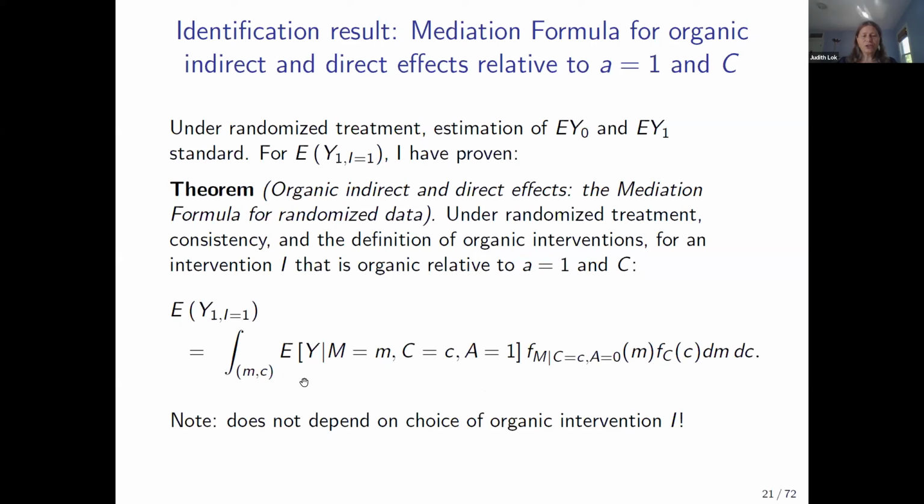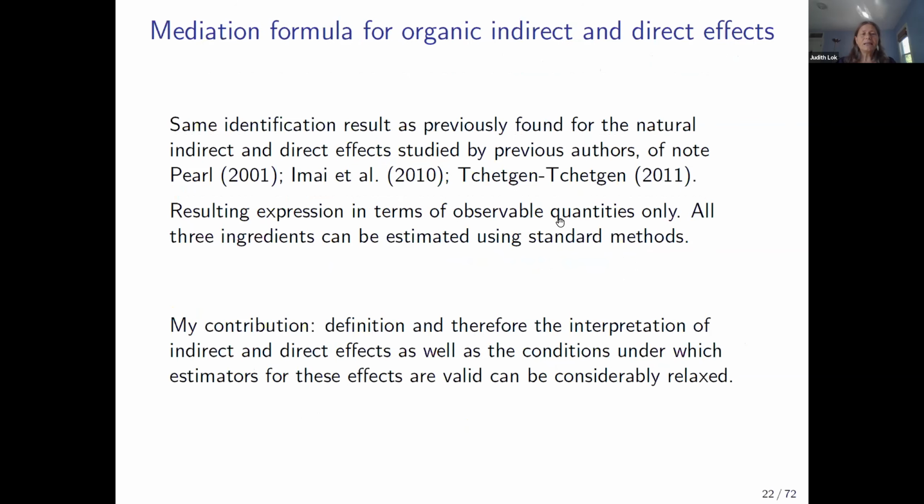One thing to notice is that this turns out not to depend on which choice of organic intervention I was chosen. So that means that whatever organic intervention I is chosen, the indirect effect doesn't depend on I. It may still depend on C, and I will come back to that. This is the same mediation formula as previously found for the natural indirect effects studied by previous authors.